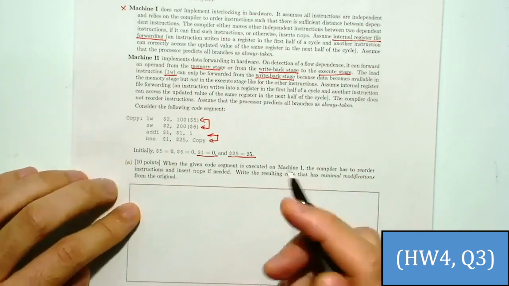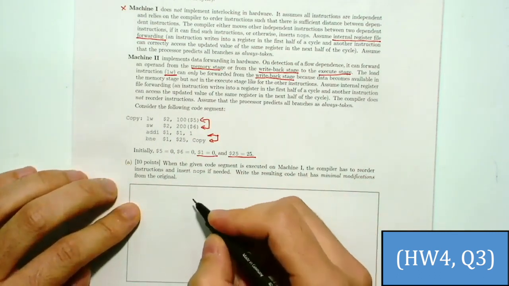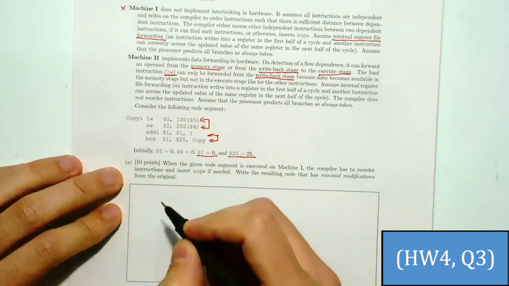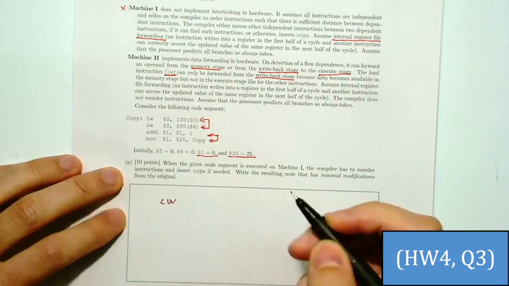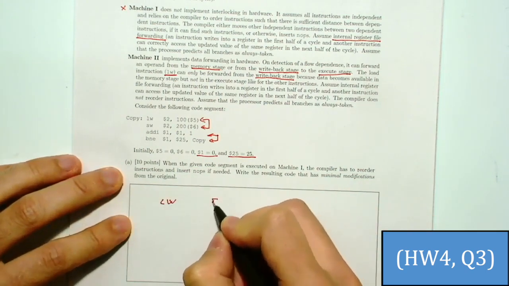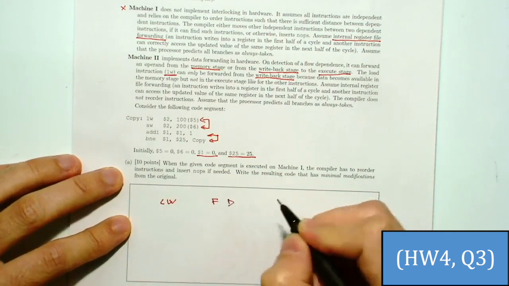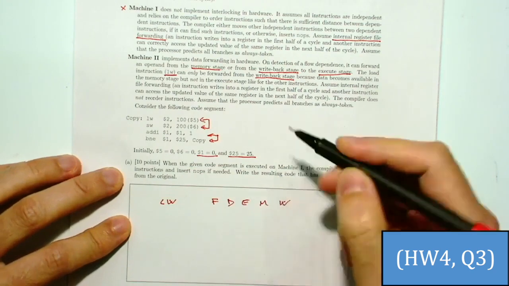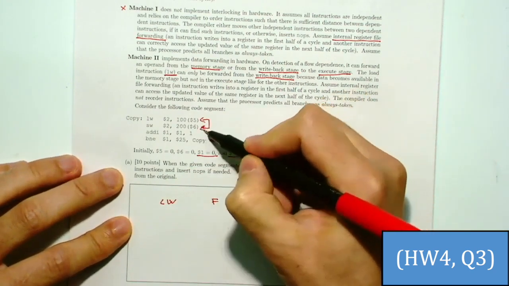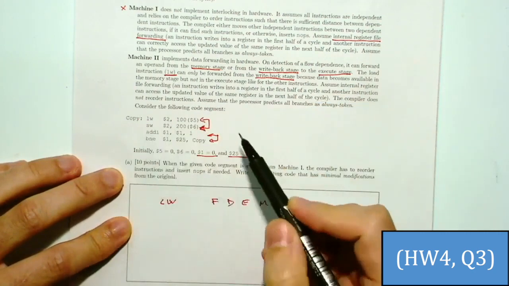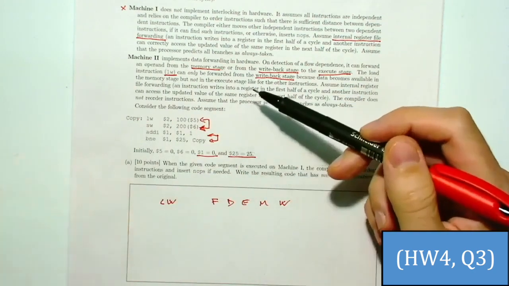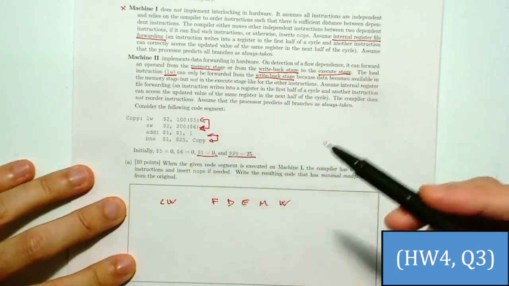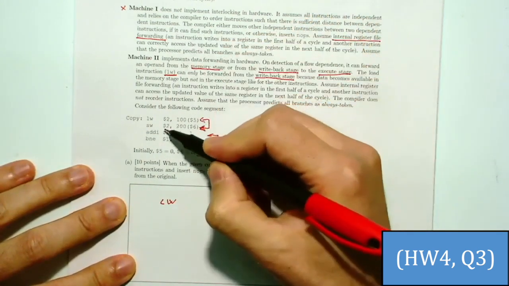For doing that, I'm going to draw the pipeline stages. I think that it's easier to solve in this way. If we have this load, we have fetch, decode, execute, memory, and write back. To execute the store, we need to have this register content.